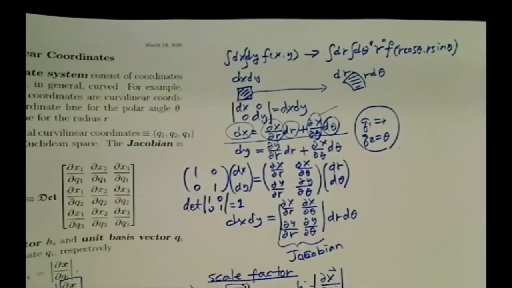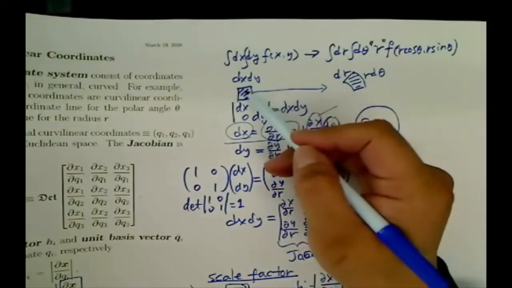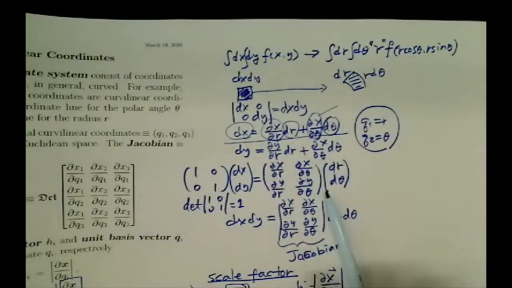In the Cartesian coordinates, the calculation of the area for this differential, dx and dy, is quite simple. This is a rectangular region whose axes are perpendicular to each other, so the area of that shaded rectangle is just a simple product, dx times dy.